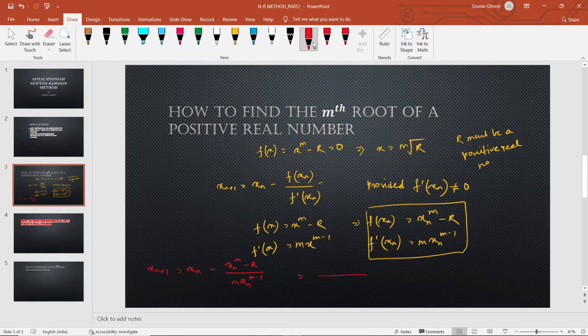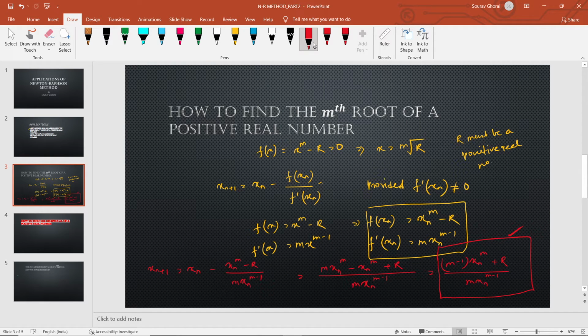If we simplify, we get m x n to the power m minus x n to the power m plus r, so we get (m minus 1) x n to the power m plus r divided by m x n to the power m minus 1. This is the working formula for finding the mth root of a positive real number.